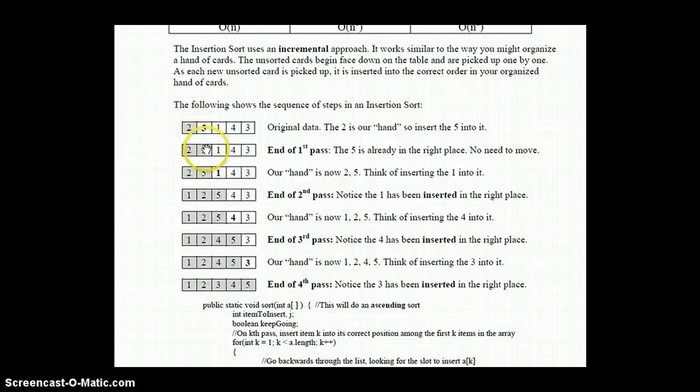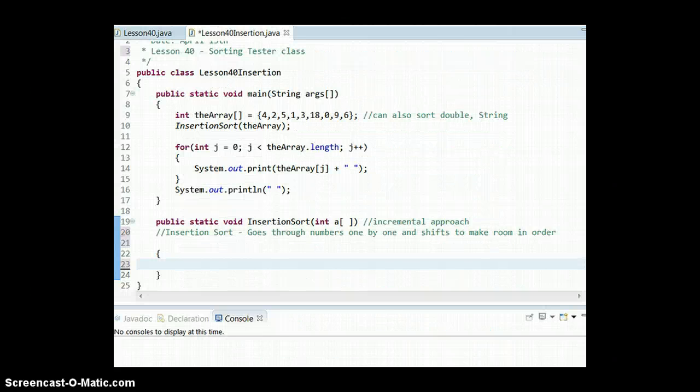It goes through the numbers one by one and just keeps looking at the next number, then the next number, then the next number. So we're going to need a loop that is going to do that. And then we're also going to have to have a loop that does this kind of insertion scooting, basically. So we're going to go ahead and create our code for that.